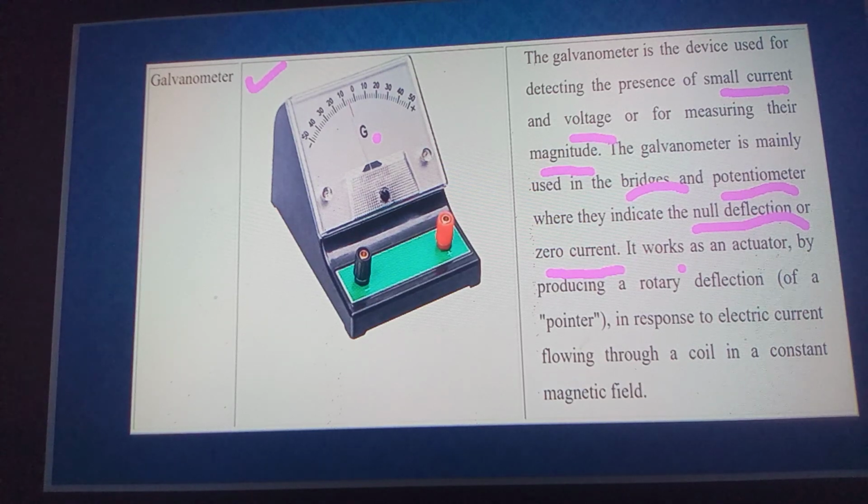It works as an actuator by producing a rotary deflection of the pointer in response to electric current flowing through a coil in a constant magnetic field. So this is what galvanometer helps us to know. It is very important.